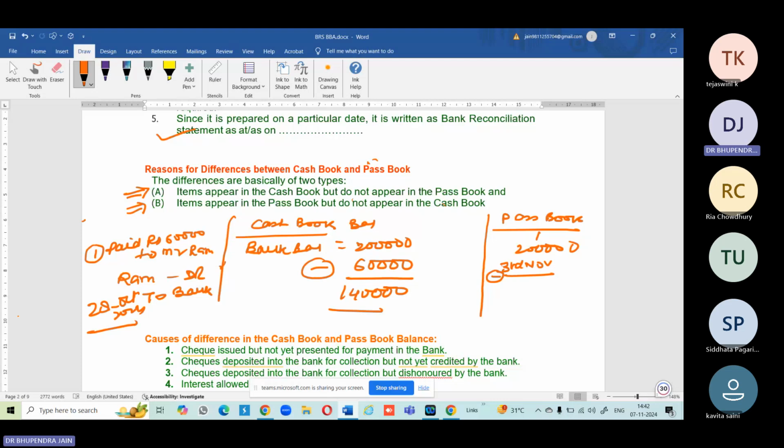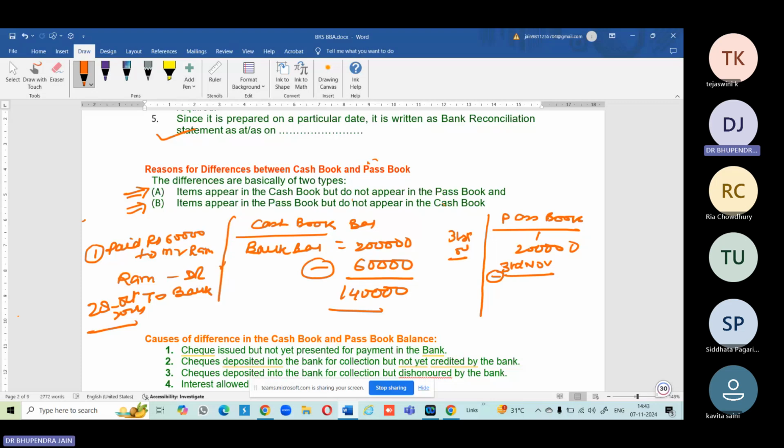In between, suppose on 31st of October, your management or owner of the business is checking your accounts, and the management wants to know what is the difference between the bank balance as per cash book and balance as per passbook. Then you have to show the detail in a particular manner.